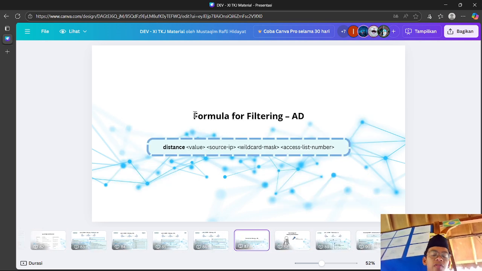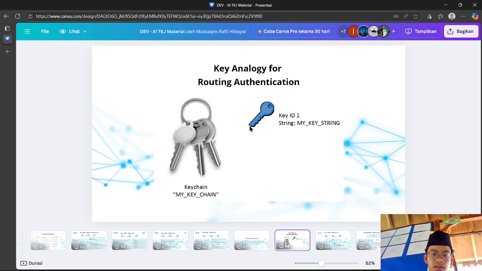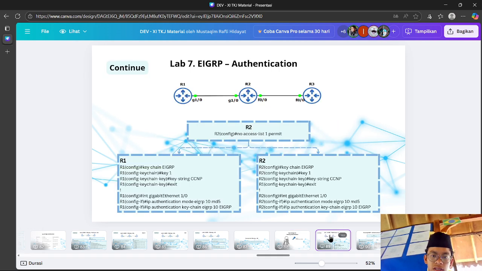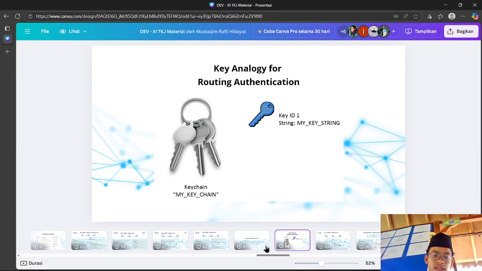Then the formula for filtering administrative distance is: distance, value, source IP, wildcard mask, and access list number. And then the key chain for routing authentication is the next lesson, guys.